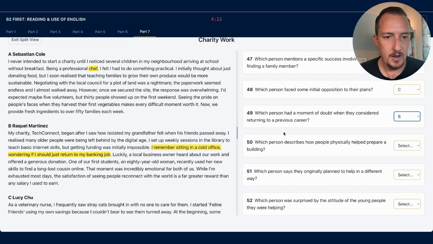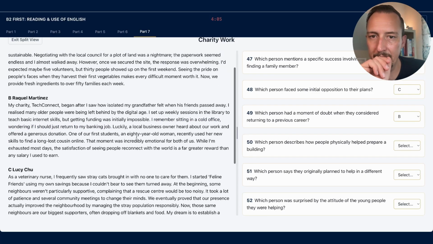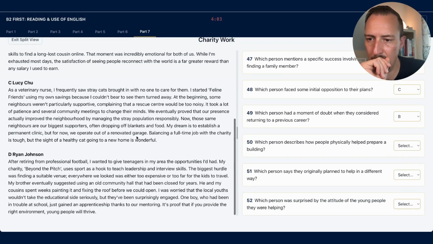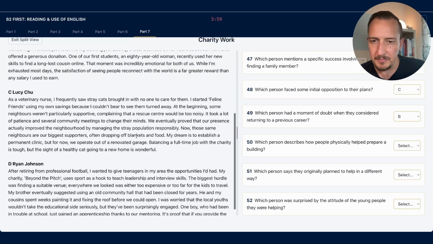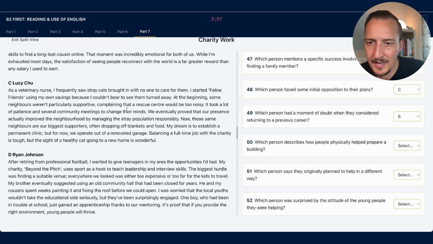Which person describes how people physically helped prepare a building? Building. Okay, which one talked about a building? I think it was C? Talk about the rescue, managing population responsibly. Okay, perfect.